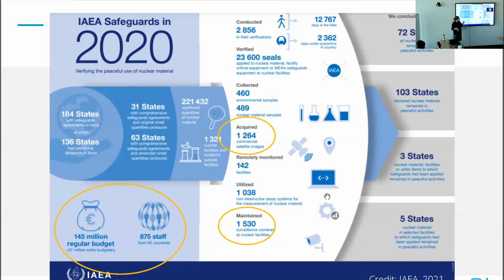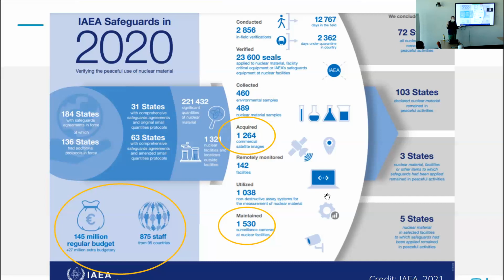In 2020, they acquired over 1,200 commercial satellite images. Those tend to be from the big company commercial satellites. As we start seeing small satellites become a bit more useful with their high revisit rates, that number is probably going to grow. And they maintain 1,530 surveillance cameras at facilities.